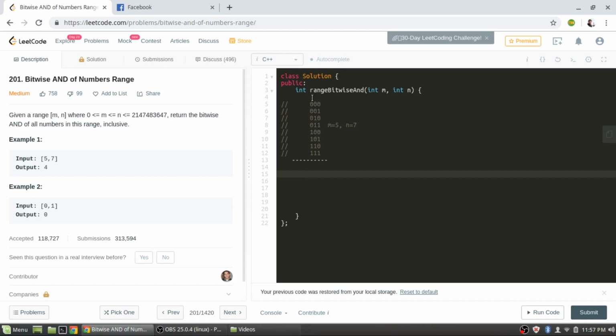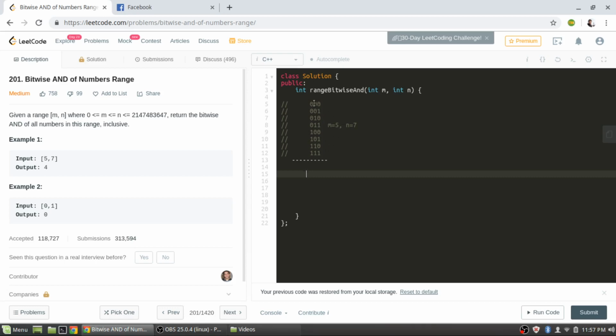In the second column we have 4 zeros, 4 ones. So if the column number is i, the pattern repeats as 2 to the power i zeros, then 2 to the power i ones. In the second column we have 2 to the power 2, which is 4 zeros, then 4 ones. In the fifth column we have 2 to the power 5 zeros, then 2 to the power 5 ones, and so on. You can observe that from this representation.